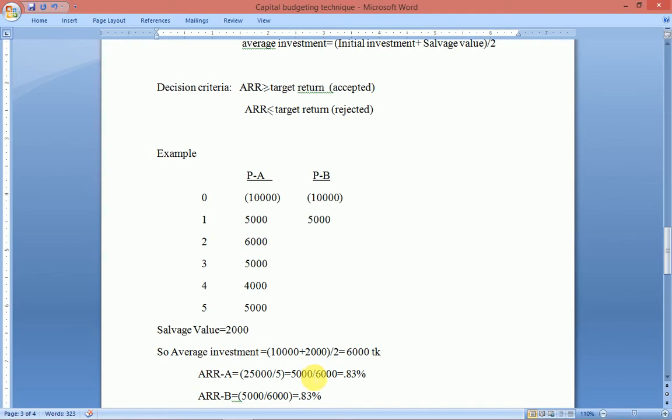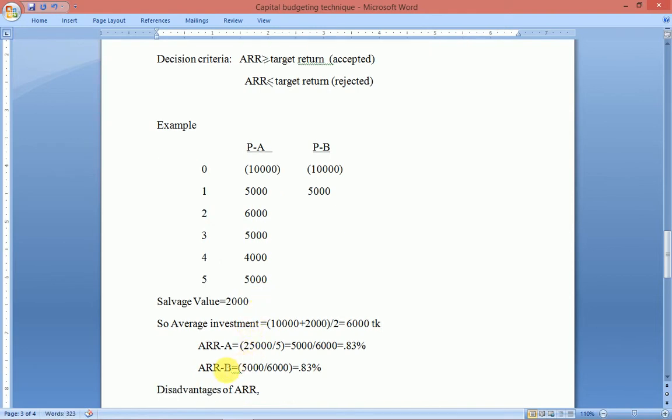Divided by the average investment, that is 6,000, you will get 83% ARR. All profit is considered as after tax.